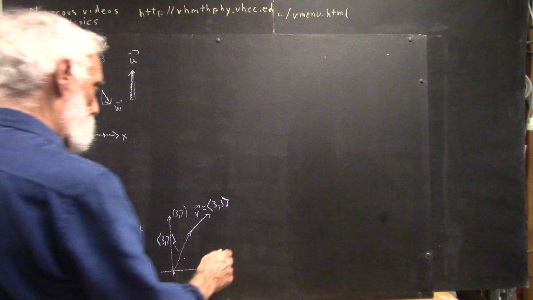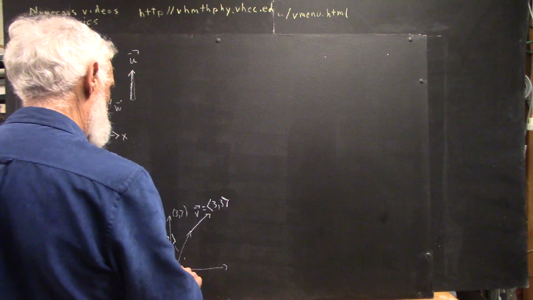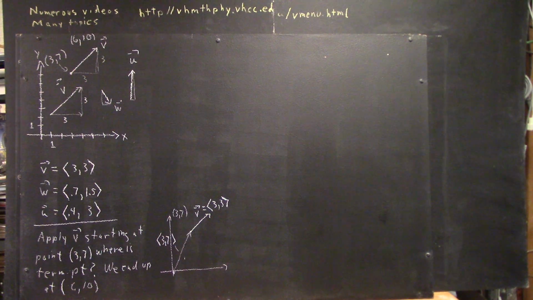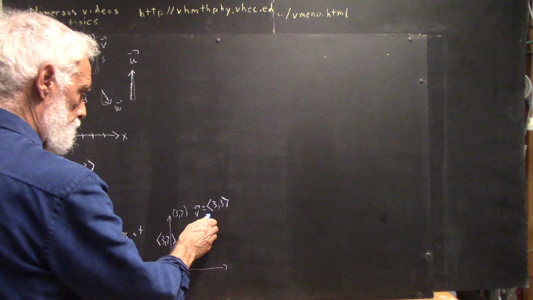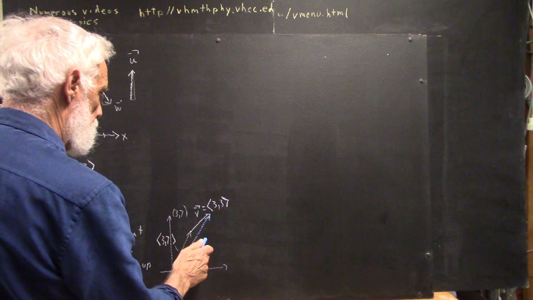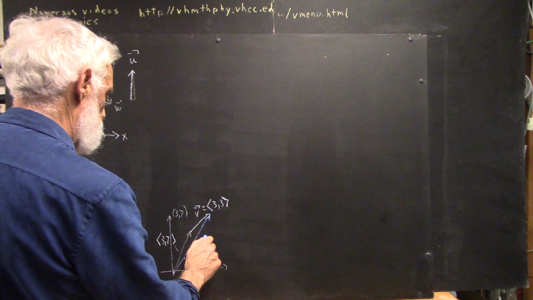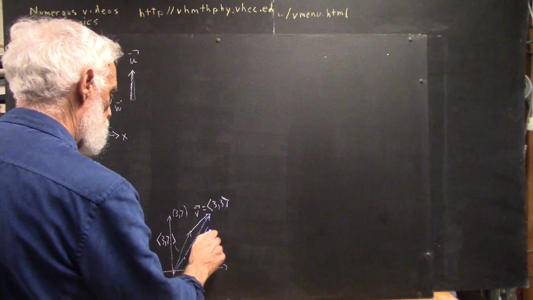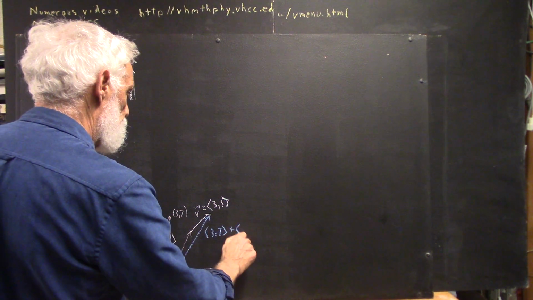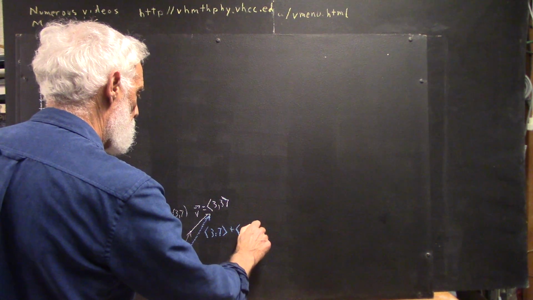Now, the resultant is a vector from the origin up to this point. And this is the vector 3, 7 plus the vector 3, 3.